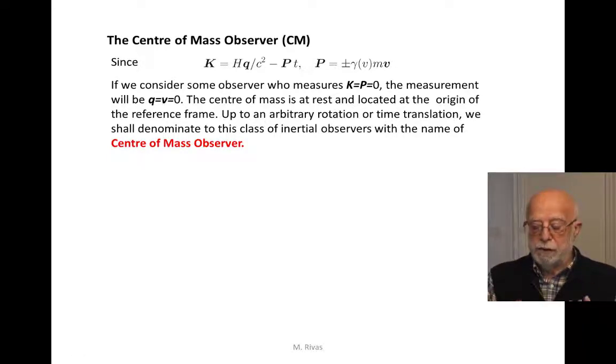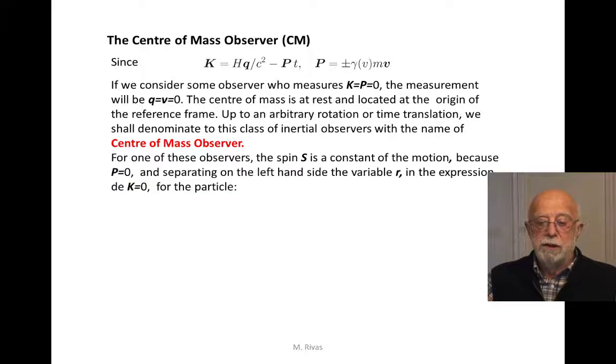So for that observer, at the origin there is a point which is never moving, which is the center of mass, and the class of these observers who have these measurements of these two conserved quantities, we call them the center of mass observer. They are not uniquely defined. We have an arbitrary rotation and perhaps an arbitrary time translation. But for these observers, we have that nice feature. S is a constant of the motion, and P is 0 and K is 0.